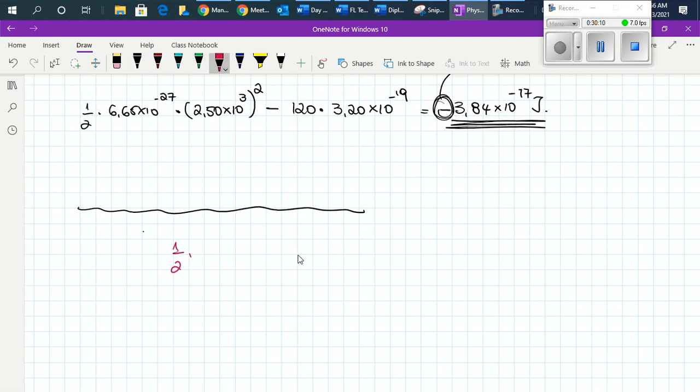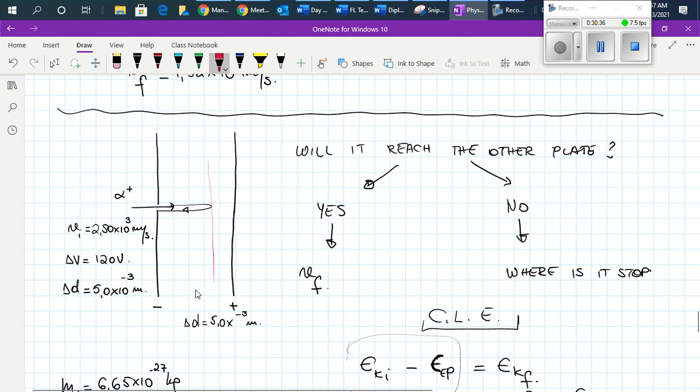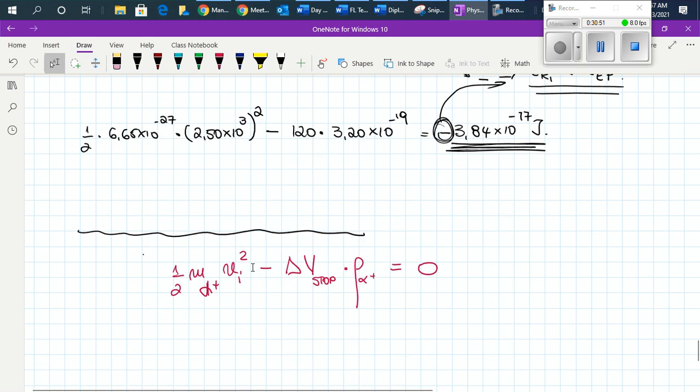So we have 1/2 mass of alpha particle, initial velocity squared, minus the change of voltage at which it stops, times charge of alpha particle, equal to 0. It is 0 because it's stopping, and then we will find that change of voltage. Where it stops means that the kinetic energy at that point is equal to 0.